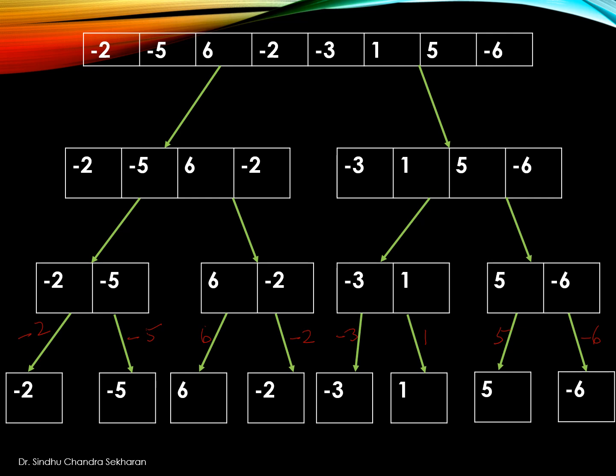Now CSS is a combination of left and right, which is mid and mid plus 1. So it's going to be minus 7. Here it is 4. Here it is minus 2. Here it is minus 1. So let us take the largest value. So it's going to be minus 2 here. Here it is 6.